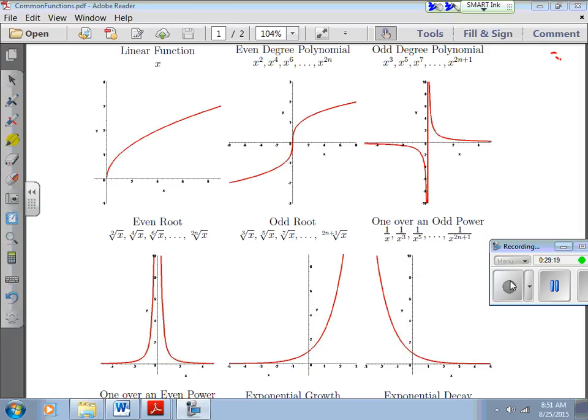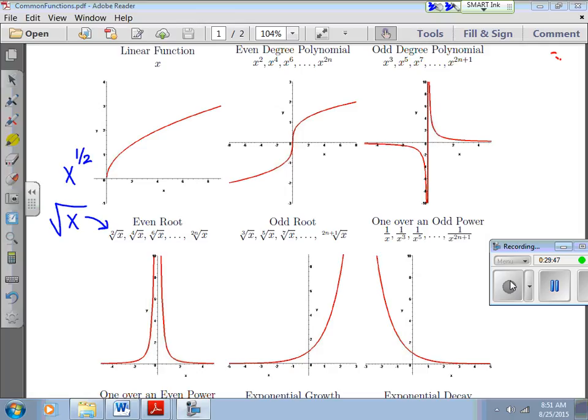Now, square root of x does not necessarily have to have the 2 there. You could just write it like this, okay? That one and that one are the same thing. Square root of x is also the same as saying x to the positive 1/2 power as an exponent.